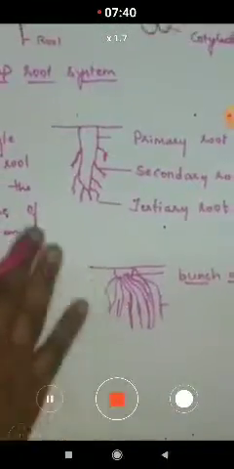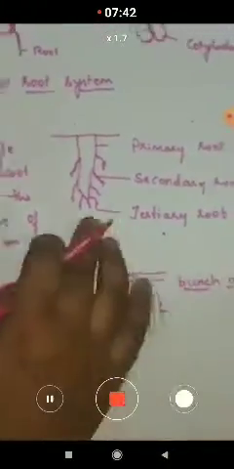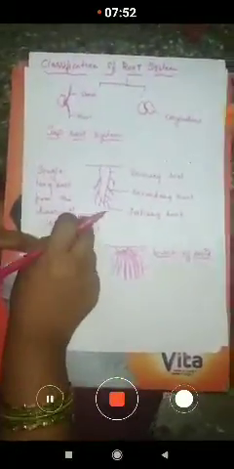So here what I am going to tell is that, for examples of taproot, if the seed of the plant contains two cotyledons, then it possesses the taproot system. For example, we can give the peas.